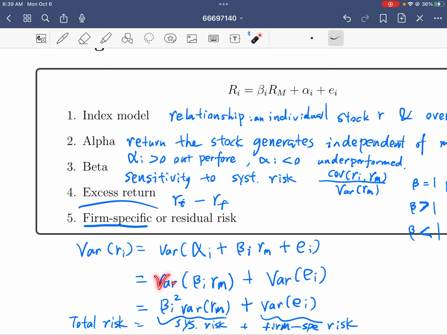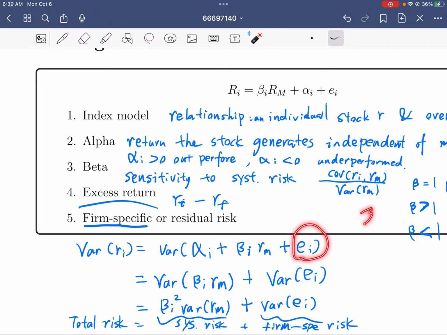For the variance of a constant times the market return, we can move out the constant and square it. Then we keep the variance of our market return. The last term is the error term.